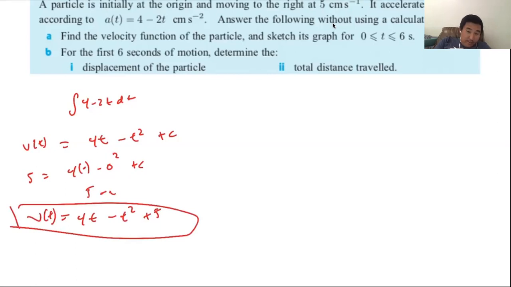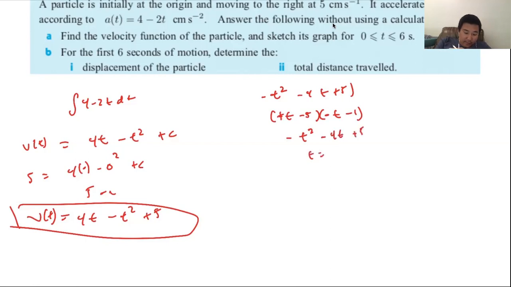It's quadratic, going down, negative t squared plus 4t plus 5.